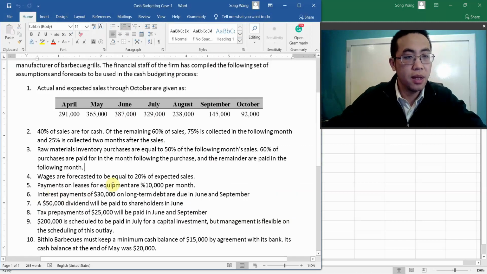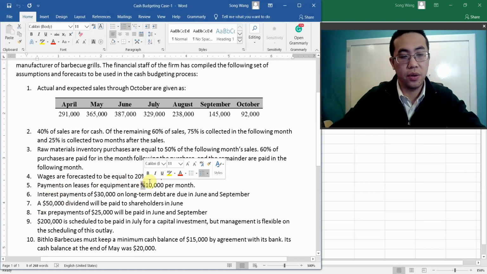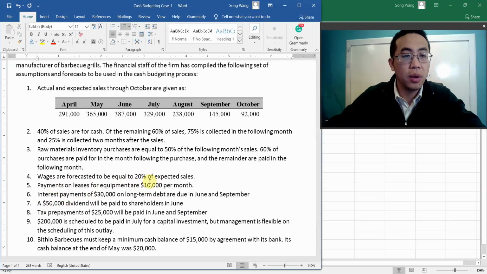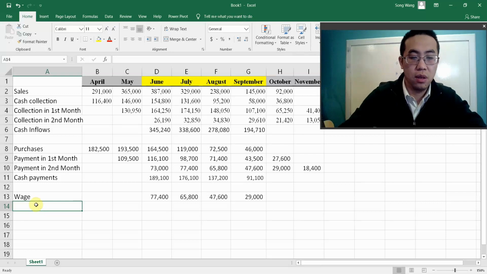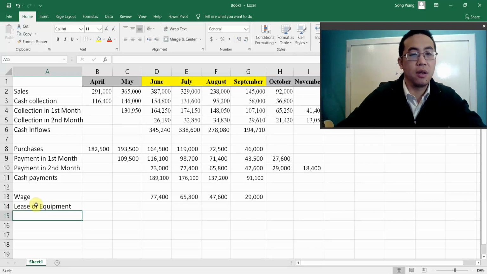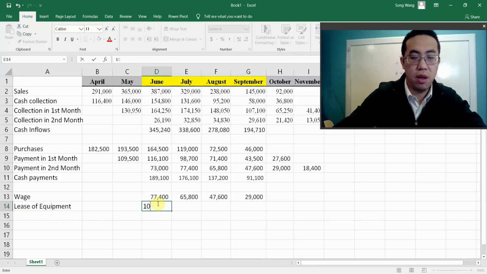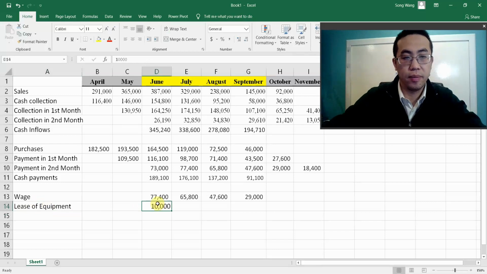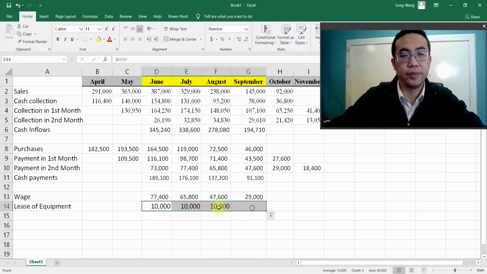And then payments on leases of equipment should be $10,000 per month. So this is a fixed payment. So lease of equipment, that's $10,000 per month. Let's drag the number.